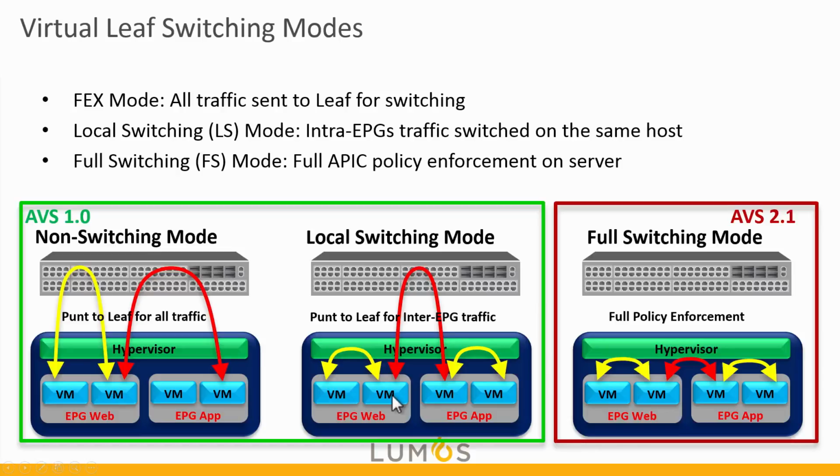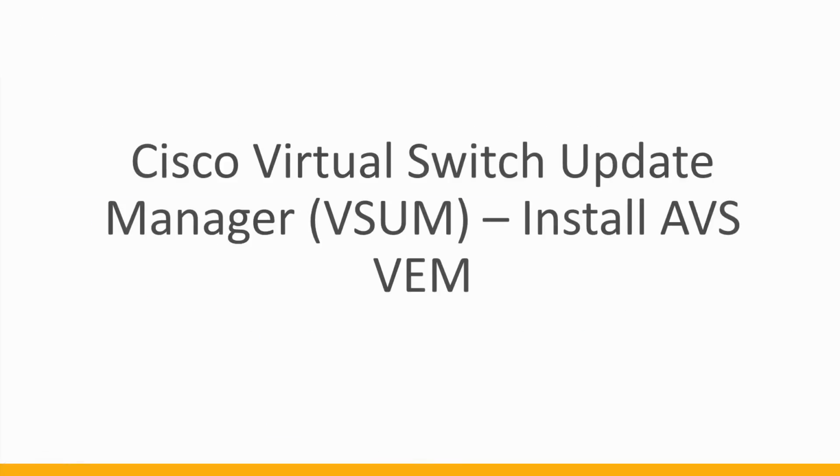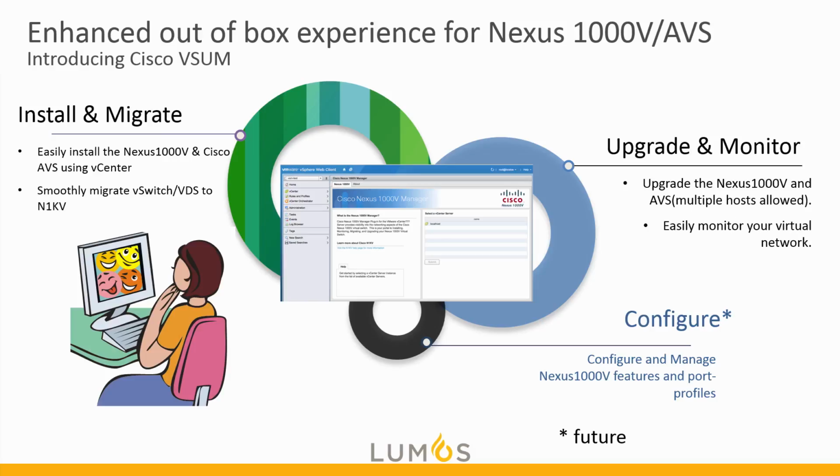We also have the VSUM, or Cisco Virtual Switch Update Manager, which allows us to install AVS. With this, we have the ability to install the AVS into the ESXi hosts, as well as migrate the VMs and migrate the hosts over to the AVS.